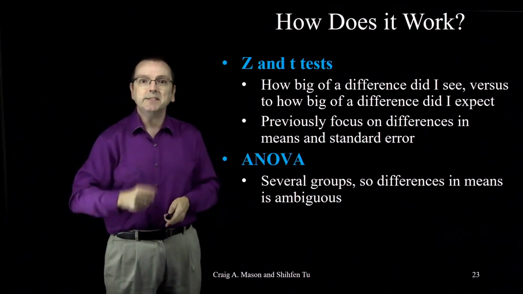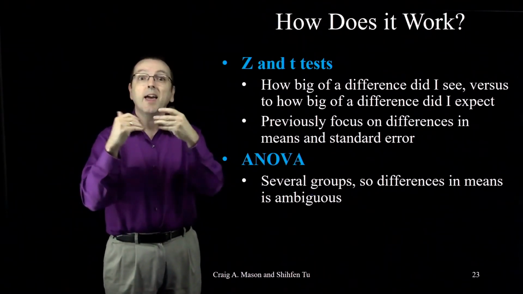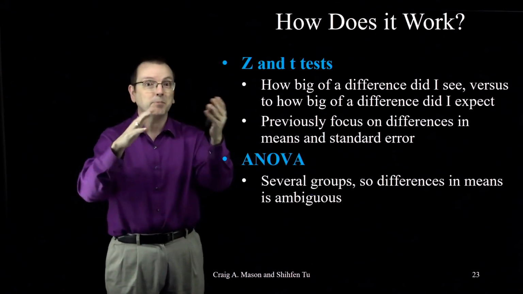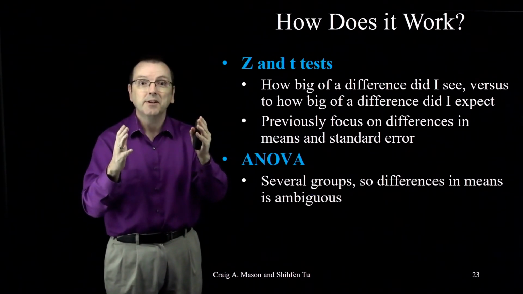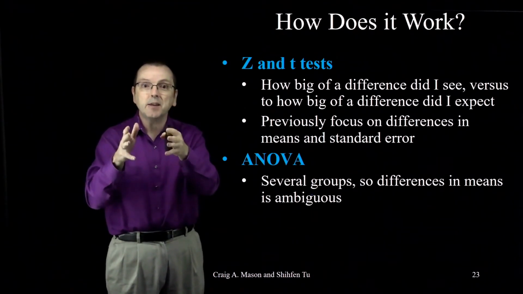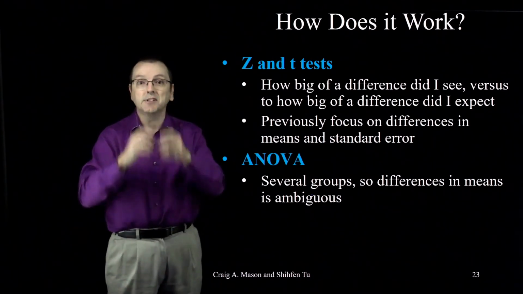The two independent sample t-test examines differences between groups. X bar 1, X bar 2, right? X bar 1 minus X bar 2, what's that difference, relative to how big of a difference we expected to see between those means, the standard error of the difference in the means.